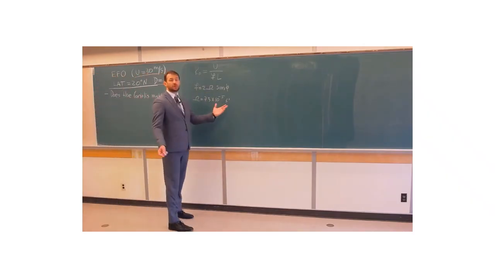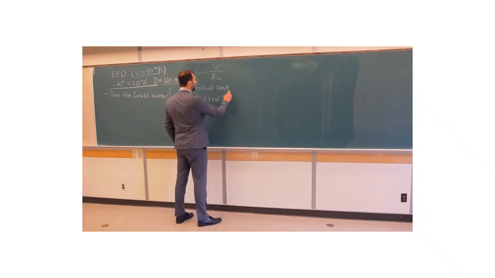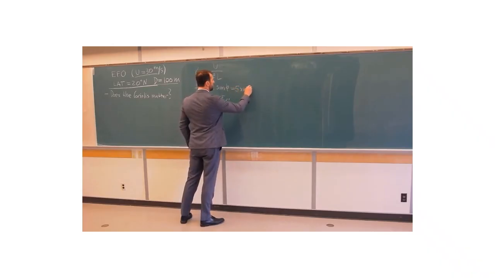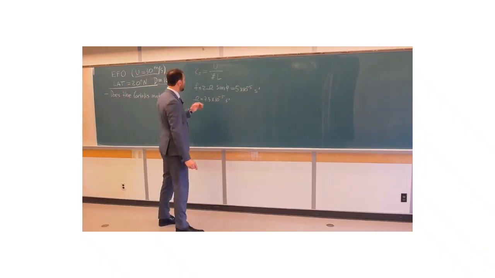All these are explained separately in my previous videos. So if you calculate this, I believe you will get approximately 5 times 10 to the power negative 5 s^-1. So that's the Coriolis parameter or Coriolis frequency.